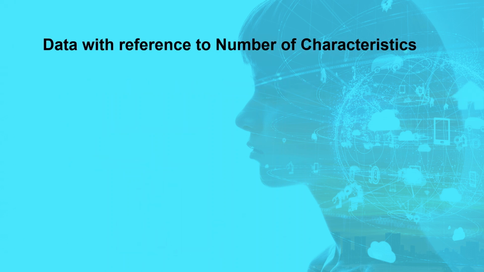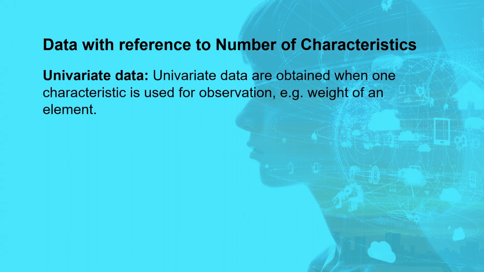Next, data with reference to the number of characteristics. Data can be categorized on the basis of the number of variables considered, such as univariate data, bivariate data and multivariate data. Univariate data are obtained when one characteristic is used for observation, as for example, performance of students in a given class.